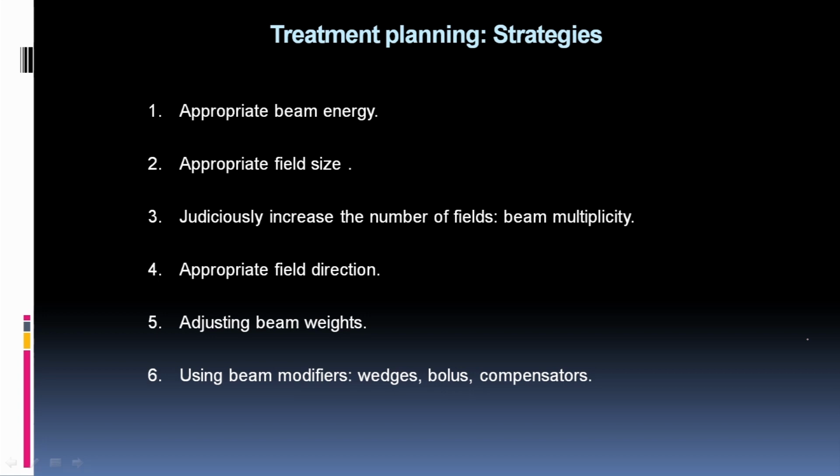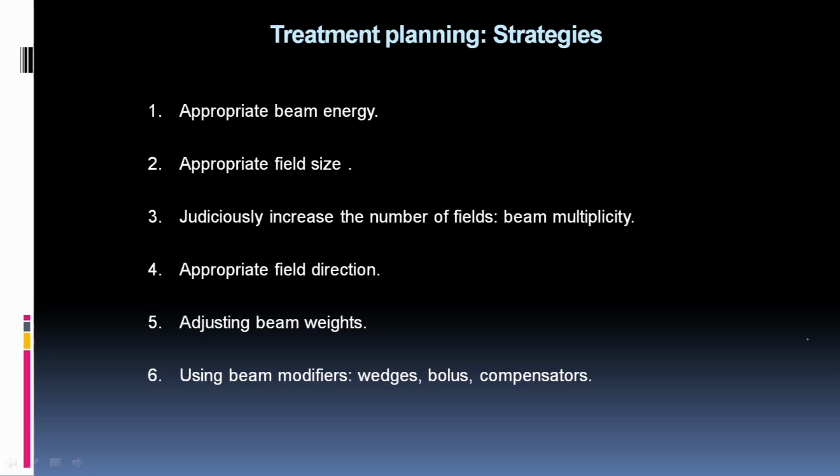As you know, in radiation oncology multiple beam energies are used. There are multiple photon energies such as cobalt 60 gamma radiation, the 4 MV photon beam, the 6 MV photon beam, the 15 MV photon beam, 18 MV photon beam, and we also have the facility of the electron beams.